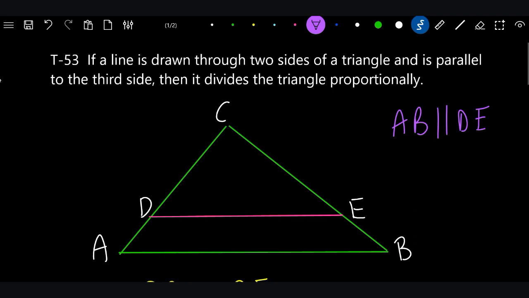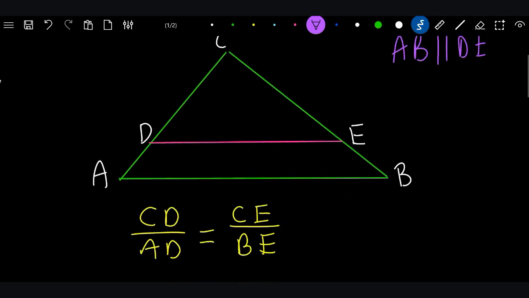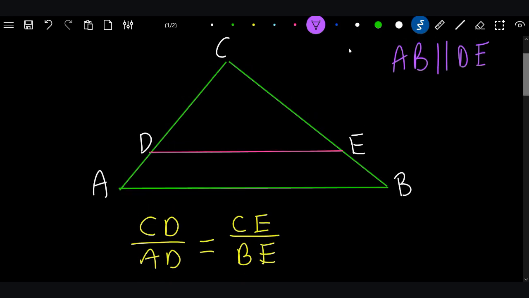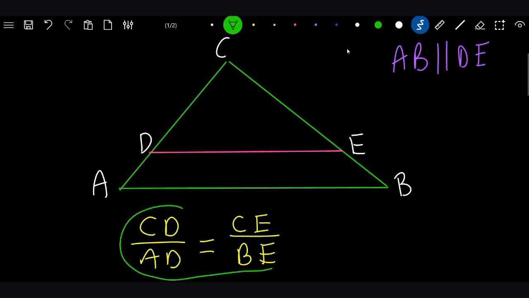So there's our given information. We have a triangle with sides. What this theorem tells us is that we have proportionality. What do I mean by that? Well, I've written some things underneath in yellow. Let's mark these sides.